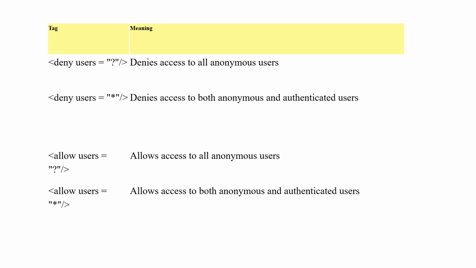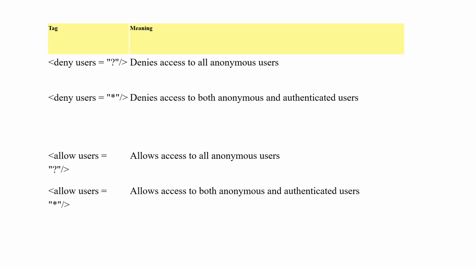So, what is the format of these allow and deny rules? There is a property called users, and the users attribute contains some values, which are a comma separated list. These comma separated lists specify the usernames, but there are two wildcards. These wildcards are star and question mark. The question mark represents anonymous users.